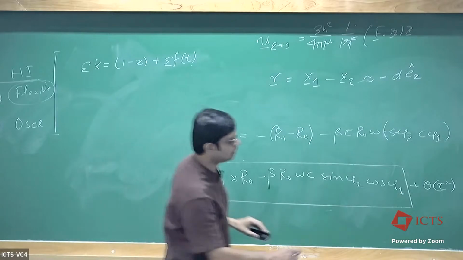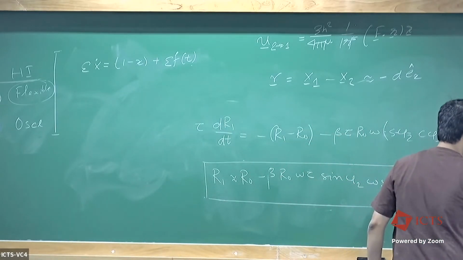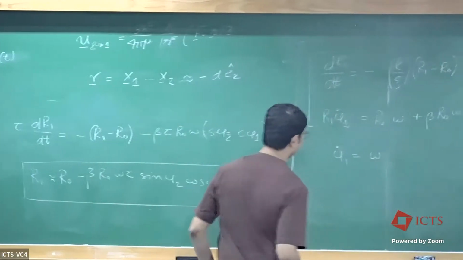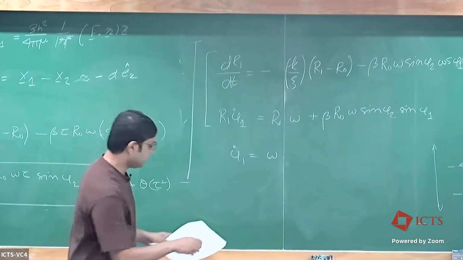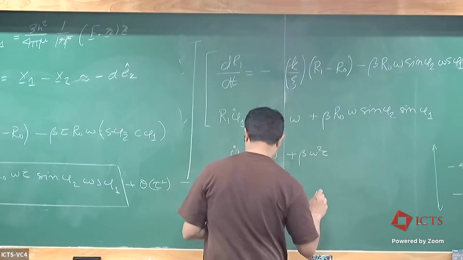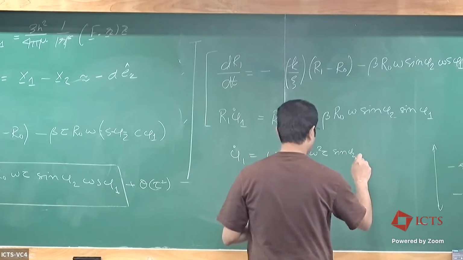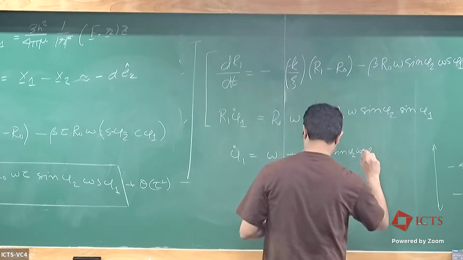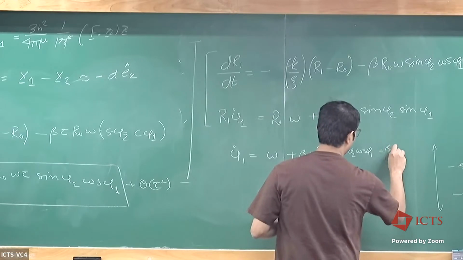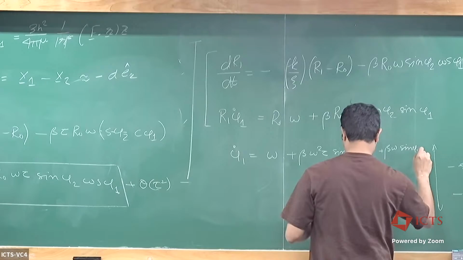Okay, so let's write down what we get for phi1 dot. Let me write it down and then explain. Beta minus tau sine phi2 cosine phi1 plus beta omega sine phi2 sine phi1.